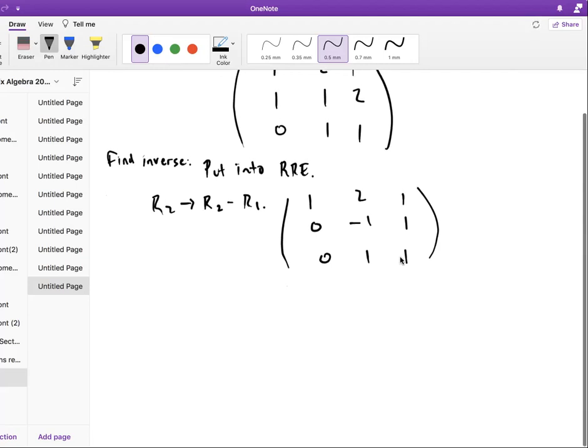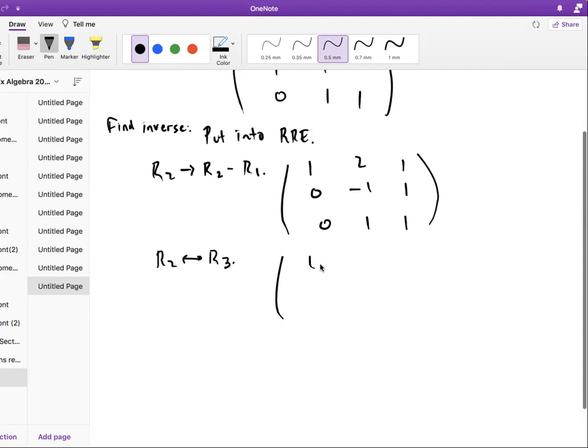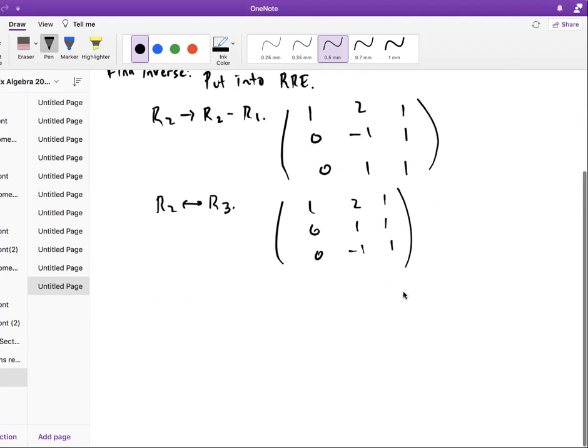Sure, we can swap row 2, row 3. You would know how to do it without doing it, right? But yeah, we can do that. All right. Now what?